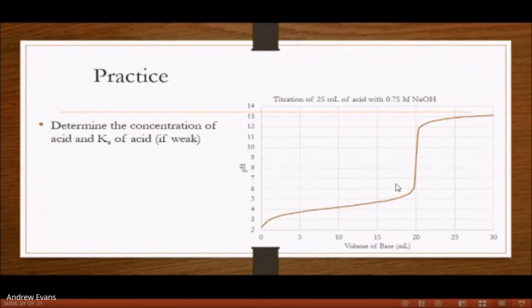But okay, don't get add happy; don't think you can always get the pKa. In this case, I'm titrating 25 mLs of acid, and we don't know the HA, with 0.75 molar base.